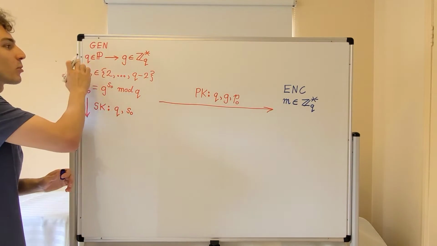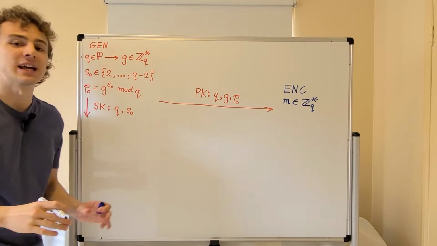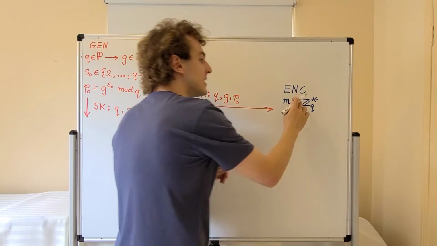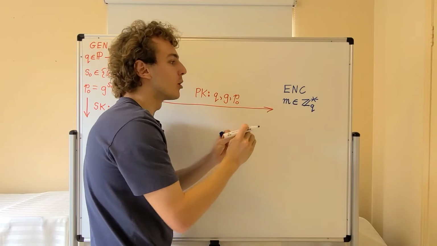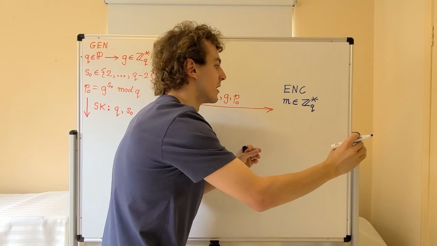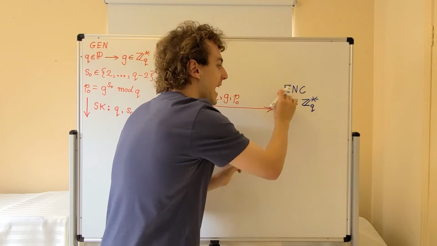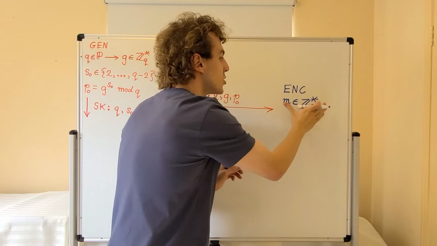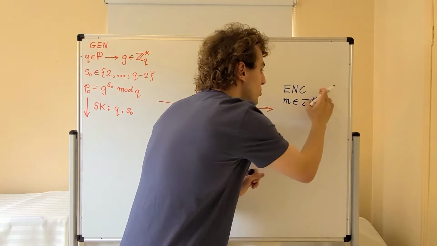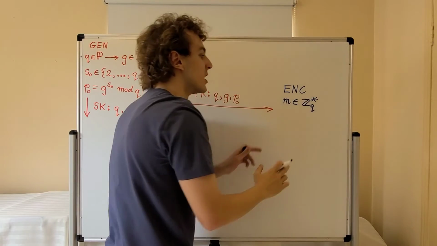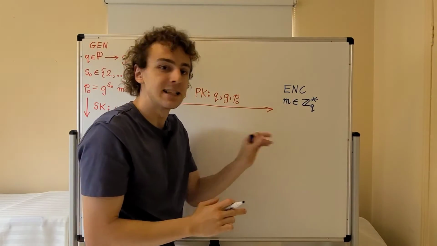And because Q is prime, the only element that we have to exclude is 0. So this message could be 1 all the way up to Q minus 1. Those are all of the possible integers that M could be. So that's what this notation is telling us. That's why we're putting this star over here. So M is not allowed to be 0.